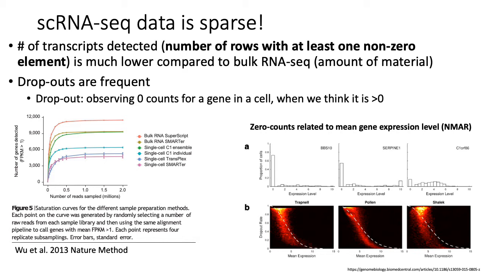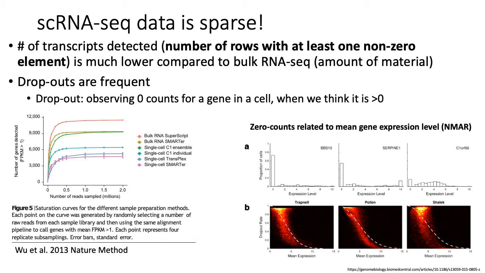You can see that, for example, given the same number of reads sampled, bulk RNA yields the highest number of genes detected, whereas some of these single-cell technologies, like the single-cell SMART technology, detect the fewest number of genes given the same number of reads sampled.